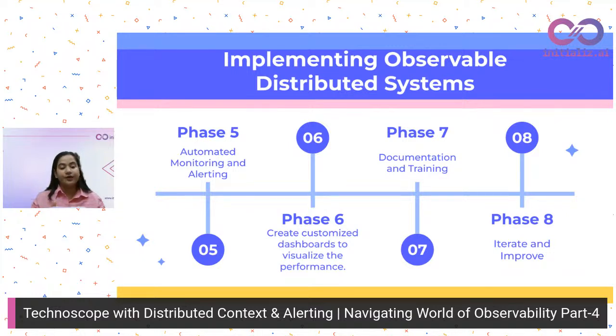You have to regularly review and update your observability strategy based on the evolving needs of your distributed system. You have to collect feedback from your operators and developers to identify areas of improvement. And when you implement that from time to time, you create a robust environment or infrastructure at your hand.